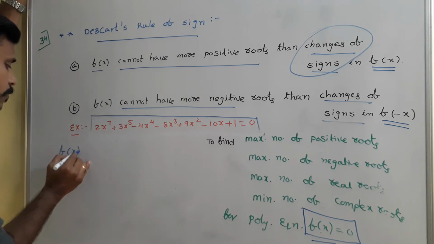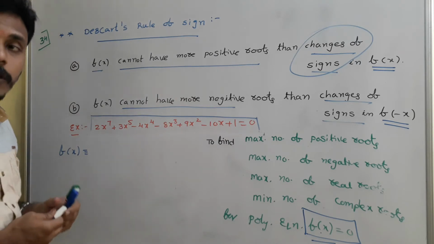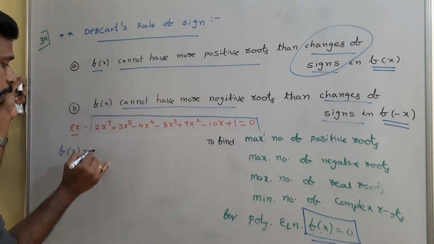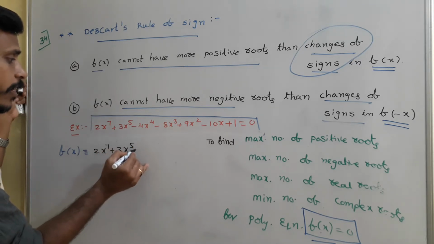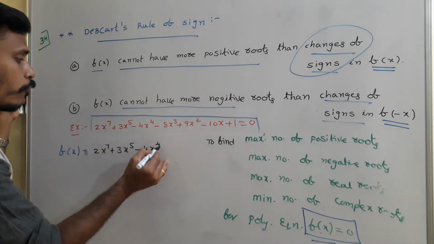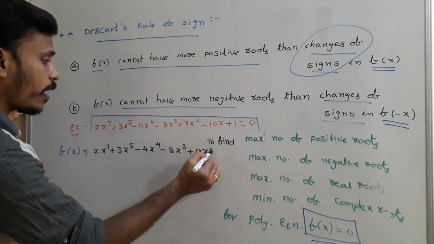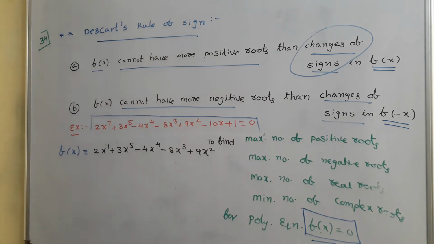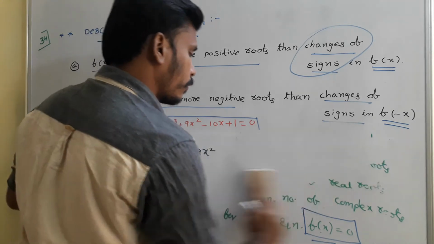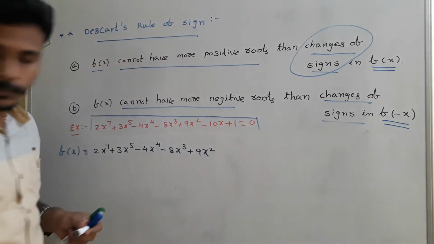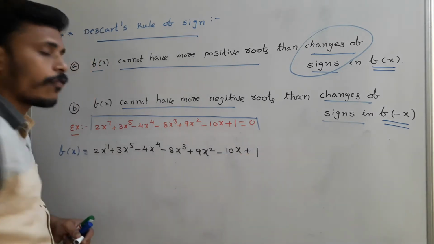As this is the polynomial equation, my f of x is this: 2x power 7 plus 3x power 5 minus 4x power 4 minus 8x cube plus 9x square minus 10x plus 1 is this f of x.